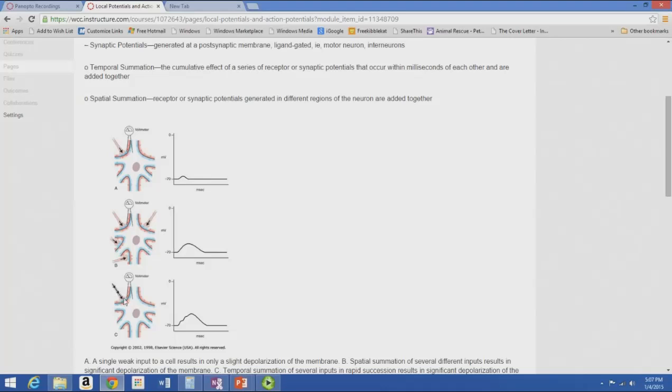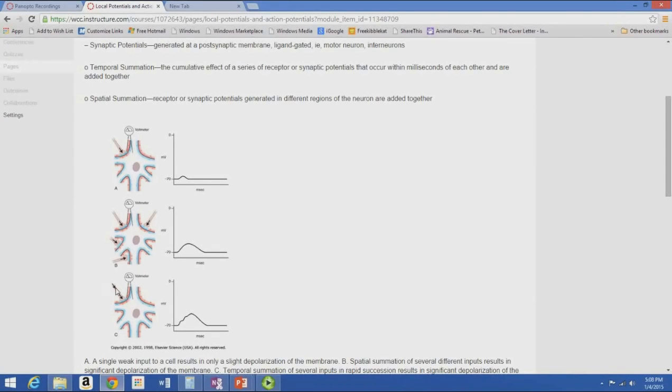Each one of those is a receptor potential or a synaptic potential, each one of those is a little nerve impulse. In the first one, in letter A, one little impulse comes in, it depolarizes the cell the teensiest little bit, but it doesn't have a major effect on it.